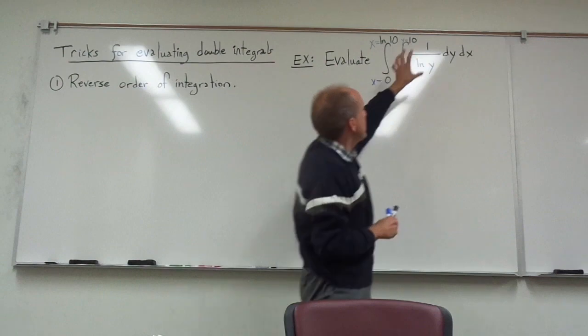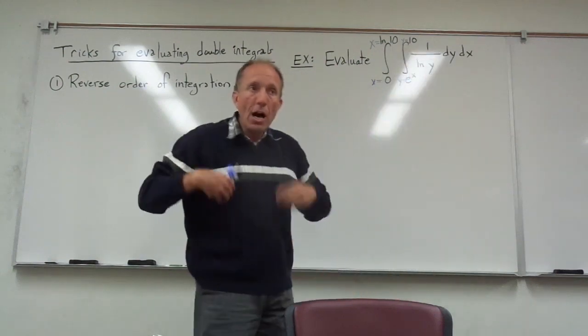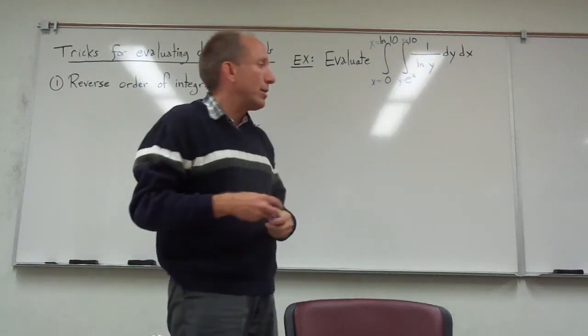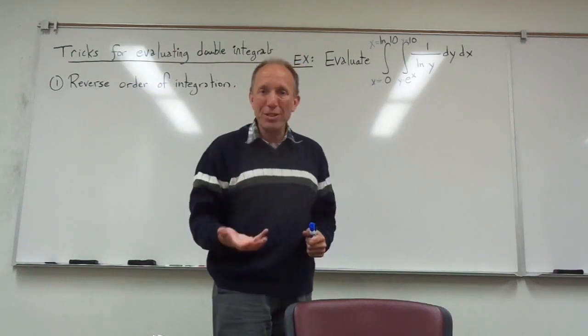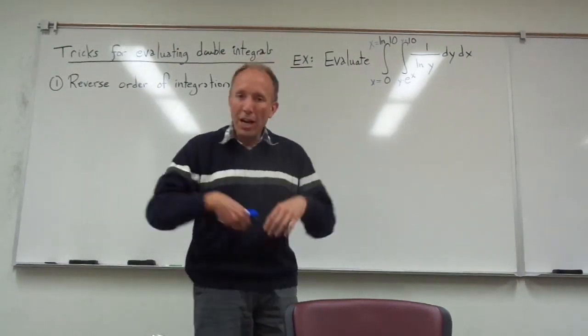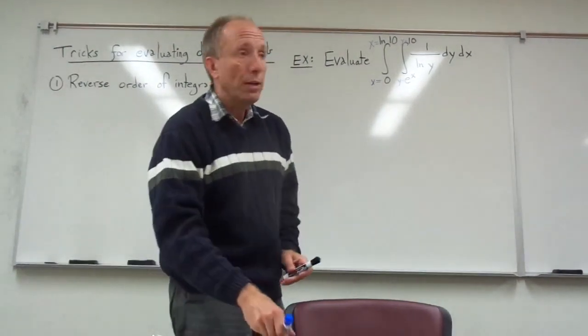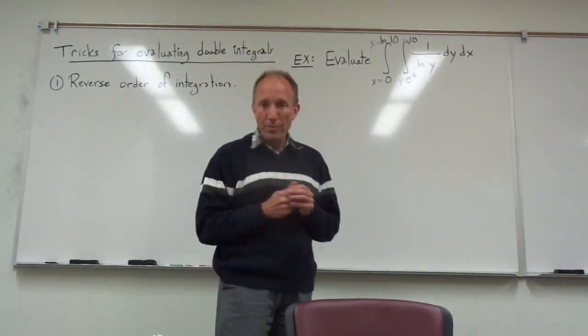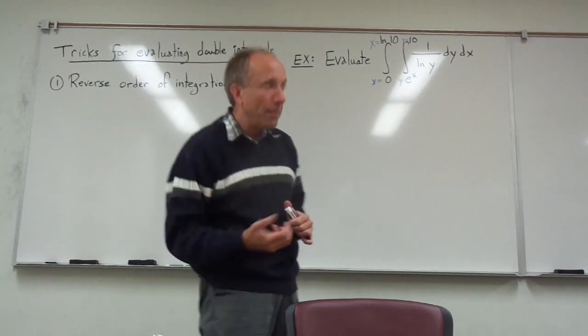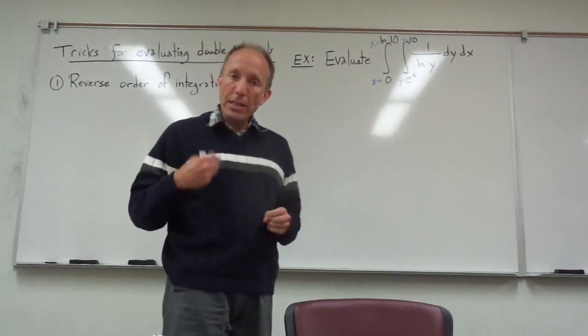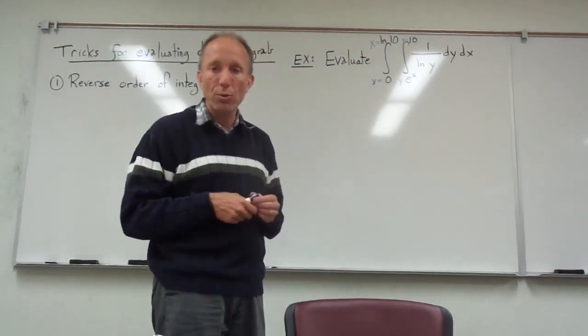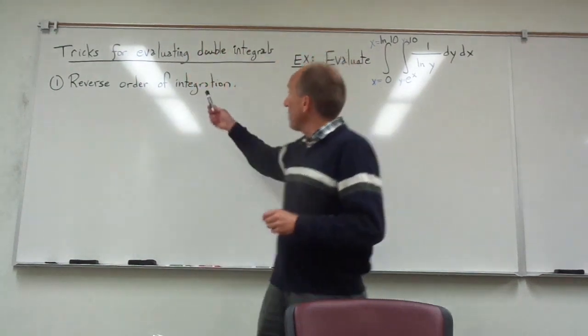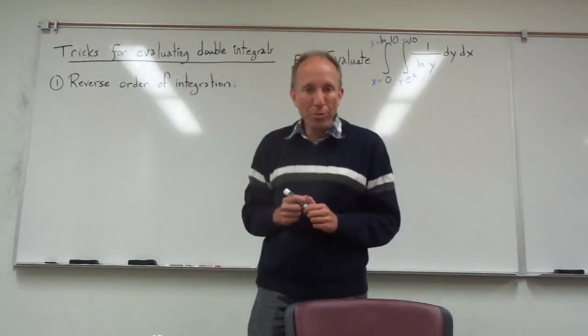So doing the inside integral here is not a standard integral. It's not something you're going to find in your table of integrals. You're certainly not going to be able to do a simple u substitution or anything like that to solve this double integral. So my suggestion, if you run into something like that, is to think about possibly reversing the order of integration. That's my first little trick that I want to go over here.